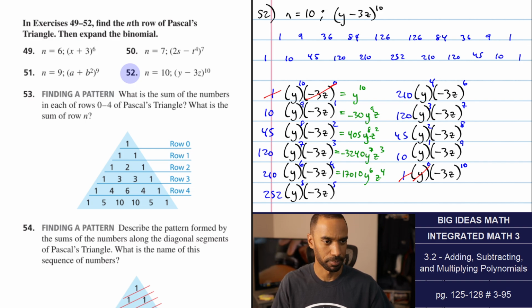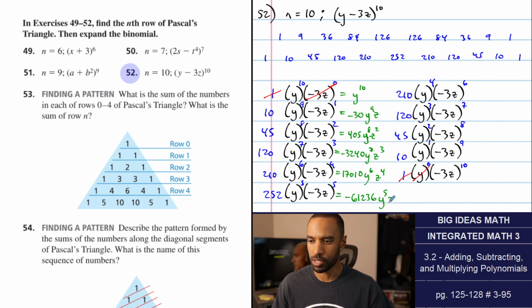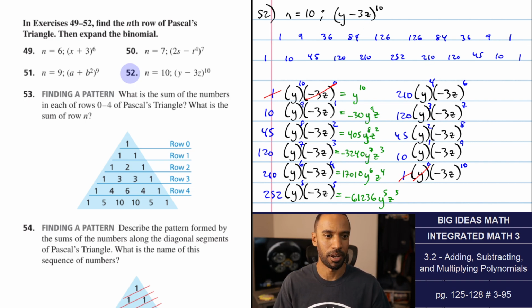That's 3 to the 5th, by the way. Negative 61236. Y to the 5th, z to the 5th. I have a little bit more room on that. I'm getting these marks all over on my middle finger, my thumb, and all that kind of stuff.